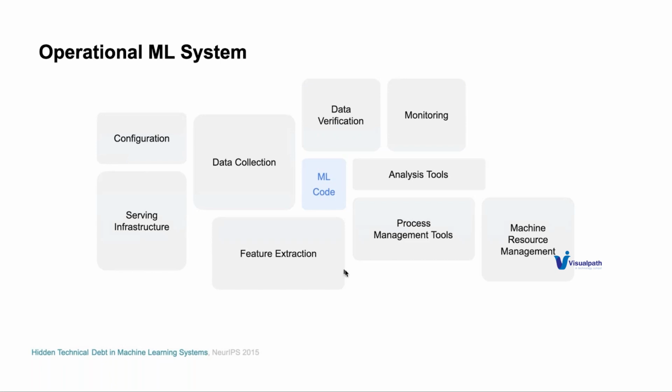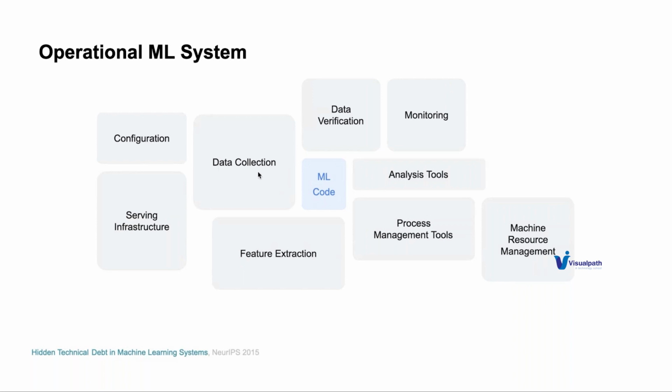But there are many more things to it. Starting from the left, going towards the right, we have the configuration and the serving infrastructure. If you have trained and deployed the model, you need some infra, right? So that's configuration and infra.